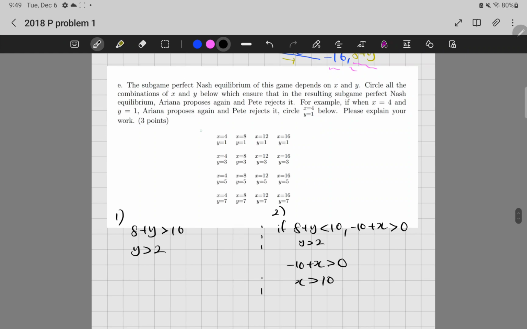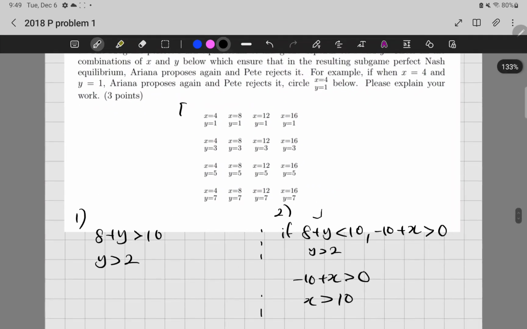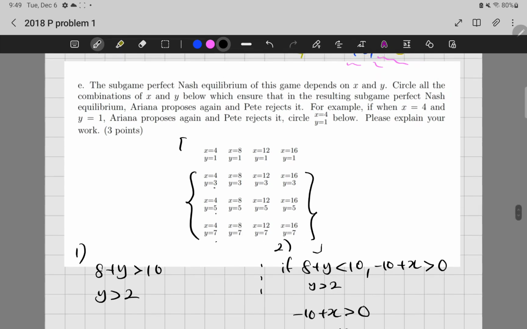So, from these combinations shown, we can see that these combinations all have y greater than 2. So this is 3, 5, and 7. This means that all these combinations will give us the subgame perfect Nash equilibria we want.